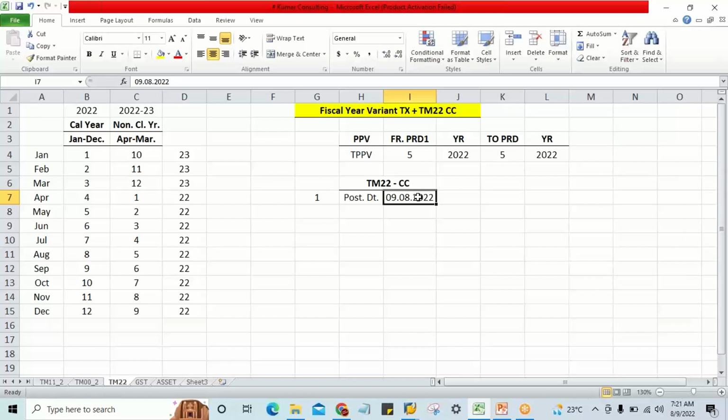Just assume, guys, right now there is nothing much to show because multiple settings are not done yet. But don't worry, I'll explain all these things once again. Practically, we are going to create this fiscal year variant, right? But this testing is not possible. Why? Because in order to post a transaction, we need to have certain basic settings. Once those settings are completed, then we'll post the transactions.